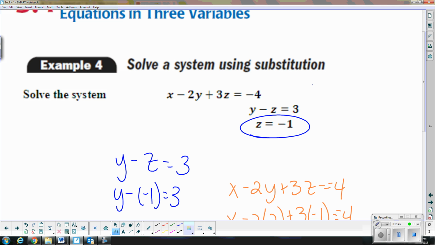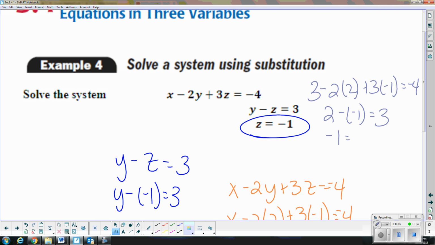Okay, so does 3 minus 2y plus 3z equal -4? And does 2 minus -1 equal 3? And does -1 equal -1?